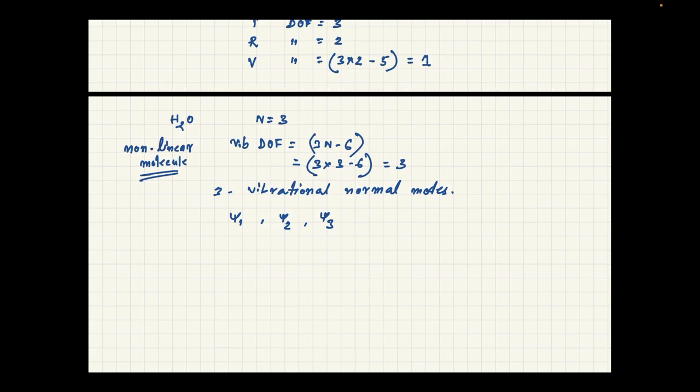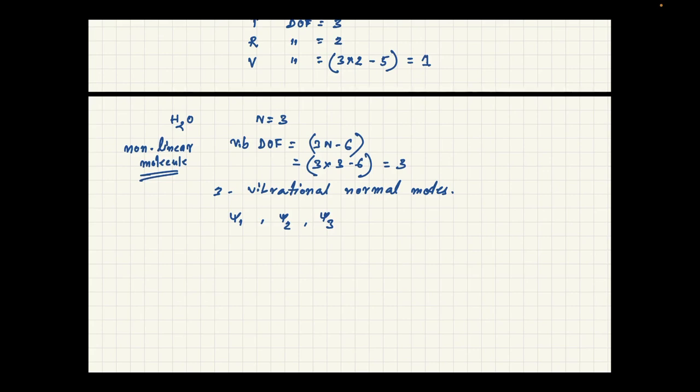Okay, if I want to observe this, how would I observe? Experimentally, using different types of spectroscopy like infrared spectroscopy or Raman spectroscopy, we can observe these vibrational normal modes. How?